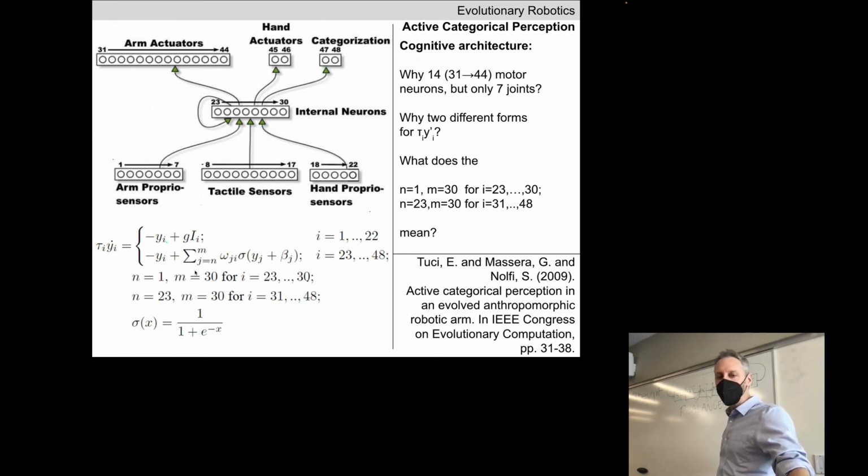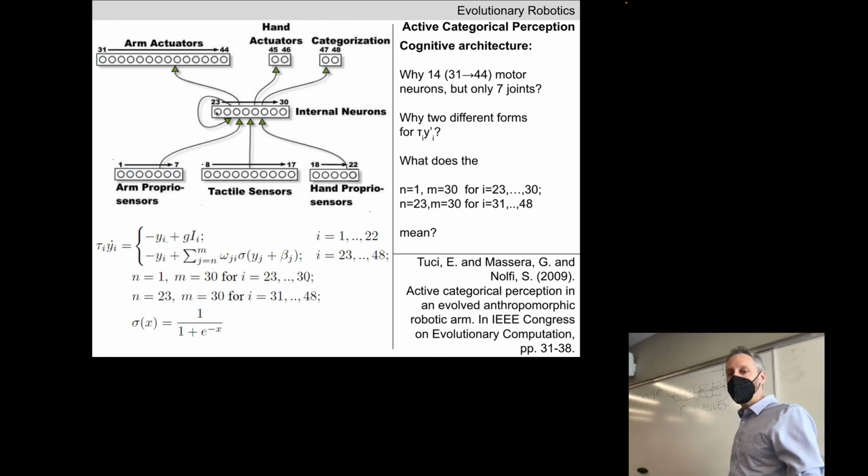Last little detail. You'll notice that for these neurons in here, we're summing up from j equals n to m, and it gets a little confusing. For the 23rd through 30th neuron, n and m are 1 through 30. So let's go find neurons 23 through 30.